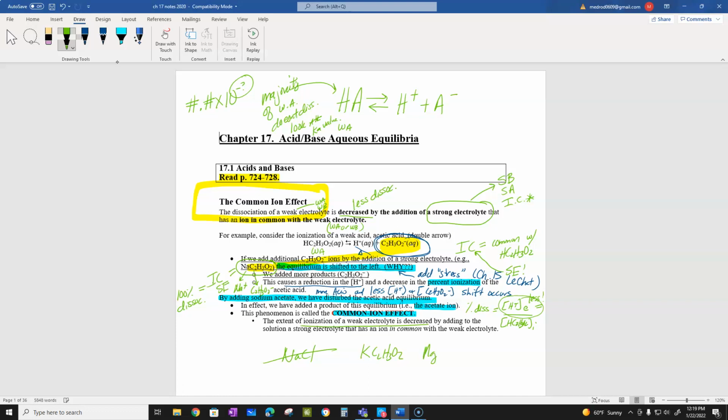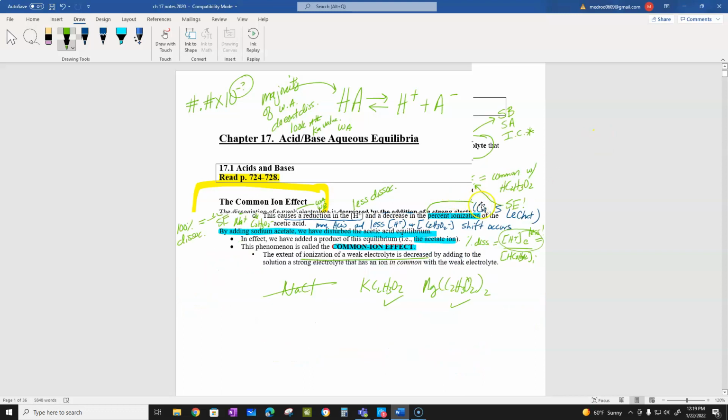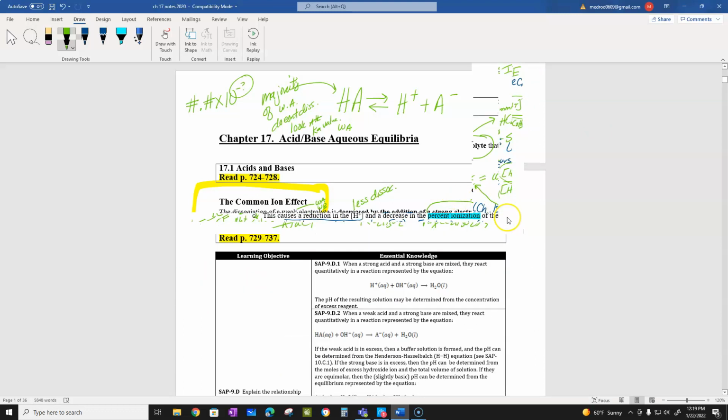I could have maybe added some magnesium acetate. Yeah, doesn't matter. I don't care if there's a subscript, balanced charges, it doesn't matter. I can add any of these because they have a common ion with that acetate, okay? So you're going to see a lot of practice with this, okay?